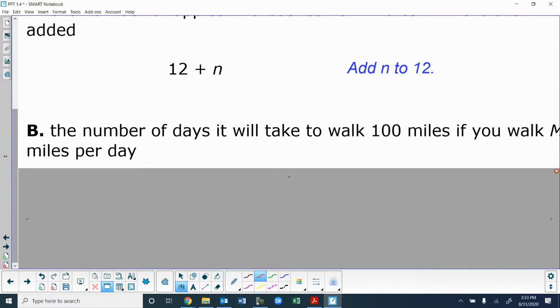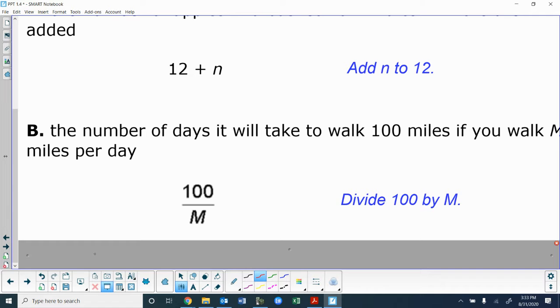So if we walked 5 miles per day, how long would it take us to walk 100 miles? Well, most of you would know automatically right away that you would divide 100 by 5, and it would take us 20 days. So we go back and put m in for miles, and we would just write 100 divided by m for that algebraic expression.